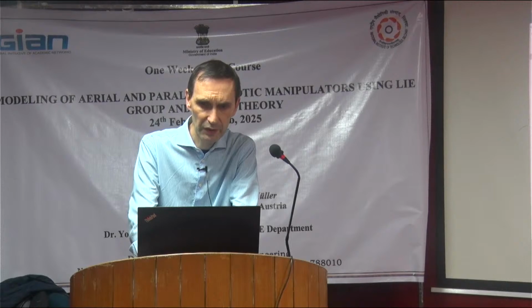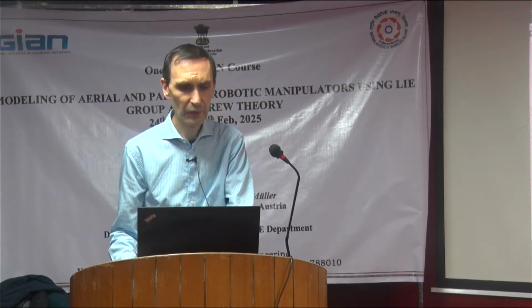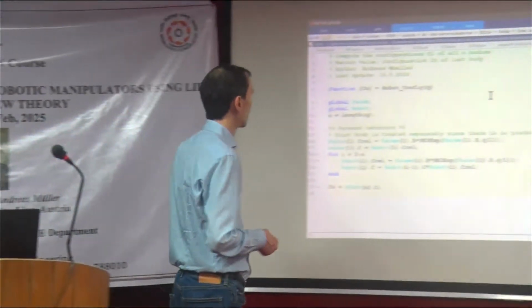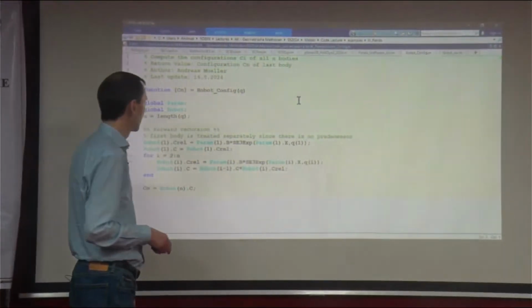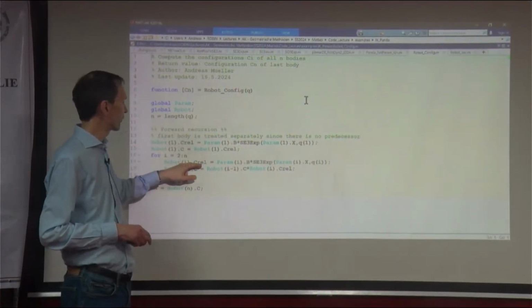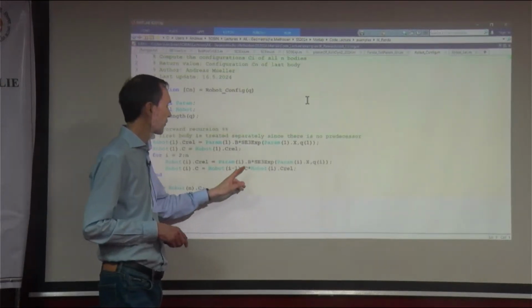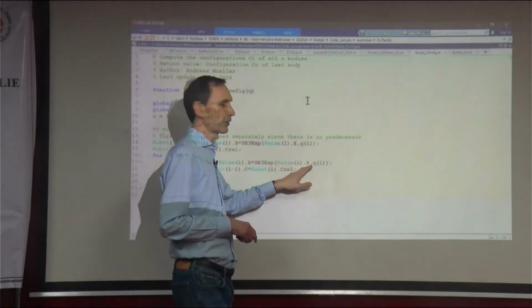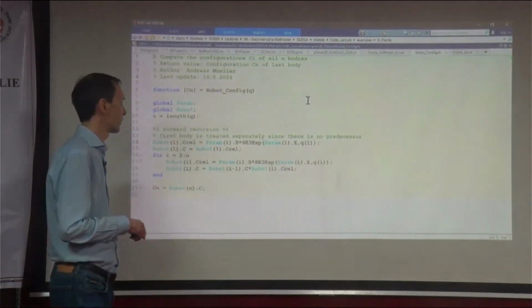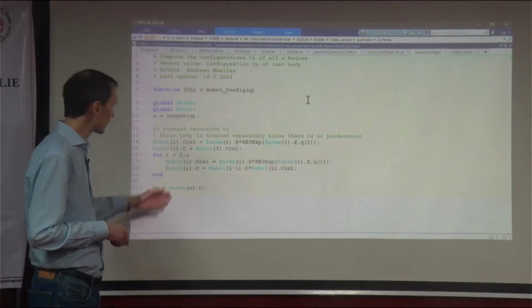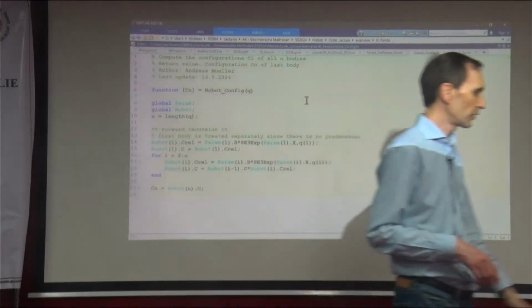And the same is with the computation of poses. You can compute the relative pose of body I with respect to its predecessor. And as we have been saying, this is just Bi times the exponential of xi times qi. And there we go. And the absolute, remember, this is what we said.